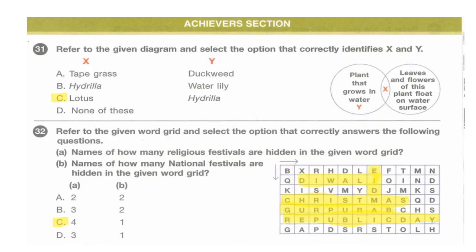From the word grid, we get Diwali, Eid, Christmas, Guru Purab. 1, 2, 3, 4. 4 religious festivals and 1 national festival, Republic Day. Hence, the answer is option C.